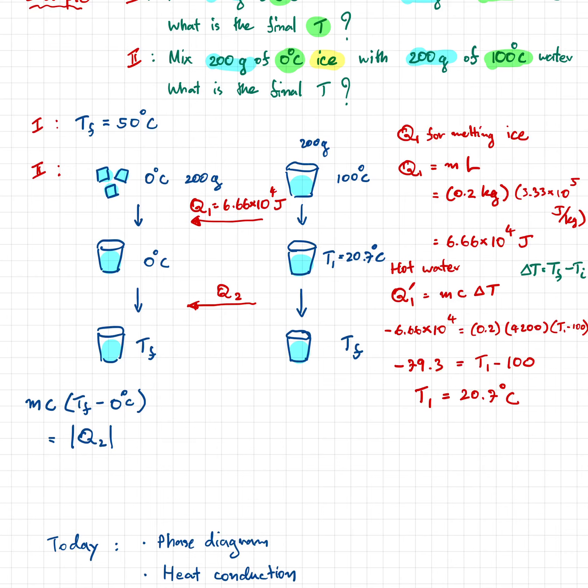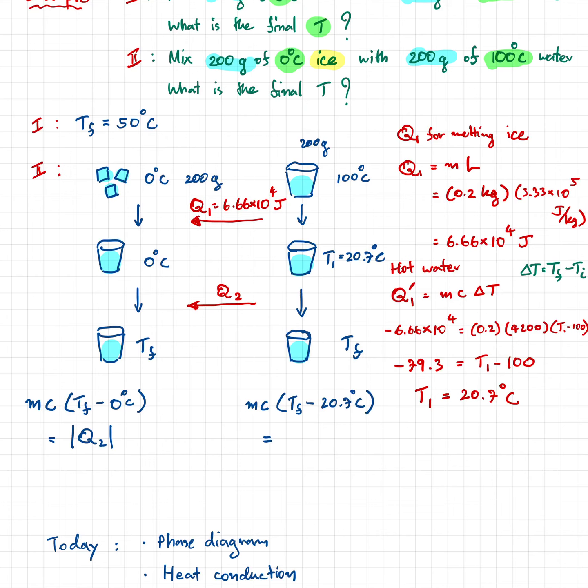Now for the right one, it's getting colder. TF is less than 20.7 for sure. So on the right-hand side you have mc, and delta T is TF minus 20.7 degrees Celsius.